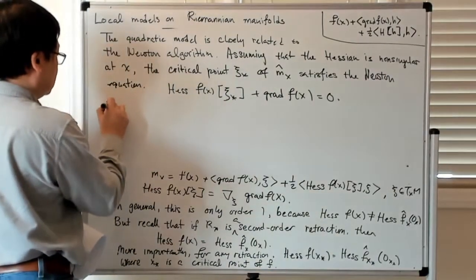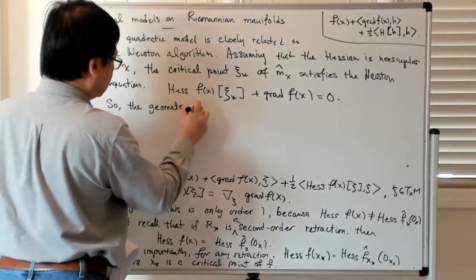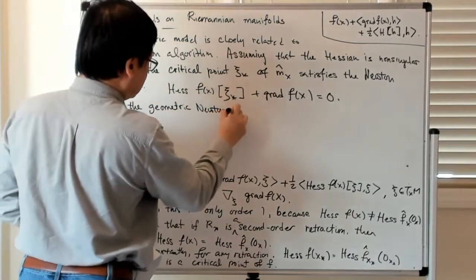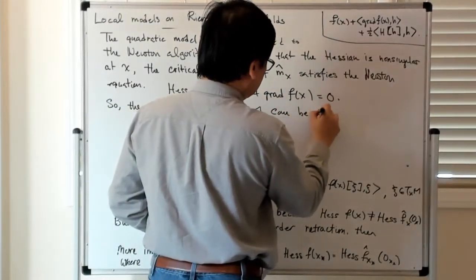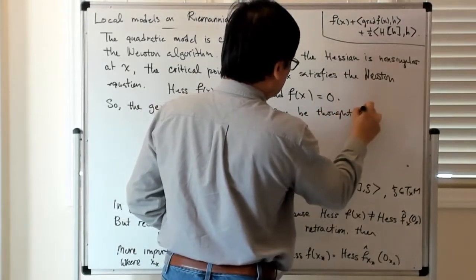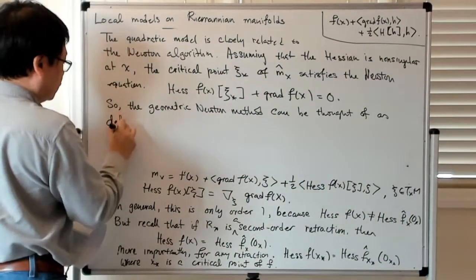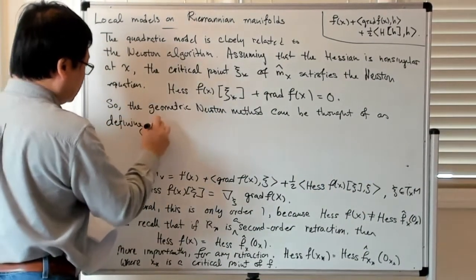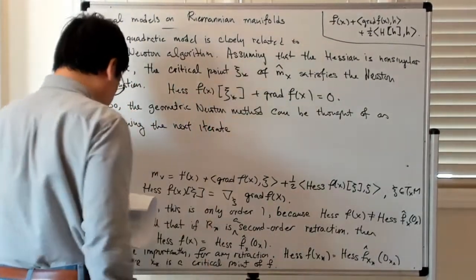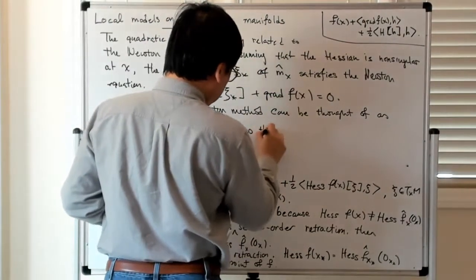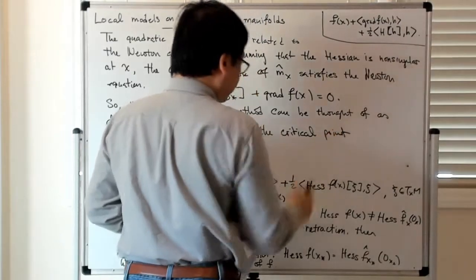So the geometric Newton method can be thought of as defining the next iterate as the critical point of the quadratic model.